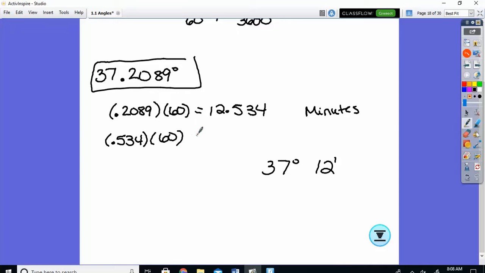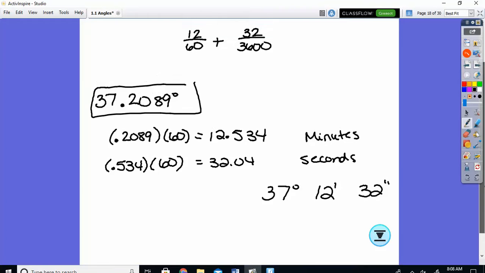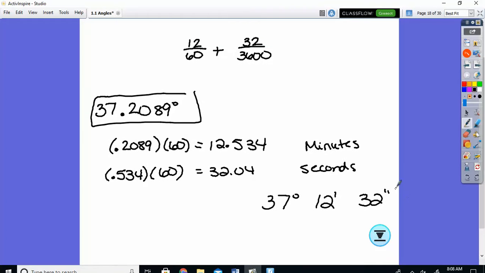So multiply that by 60. And we get 32.04. That's the seconds. So you'll round that to the nearest whole number. So that would be 32 seconds, which is what we started with on the original one. So if you have a decimal, you take your decimal times 60, then you take the decimal that remains from that, multiply by 60 again.